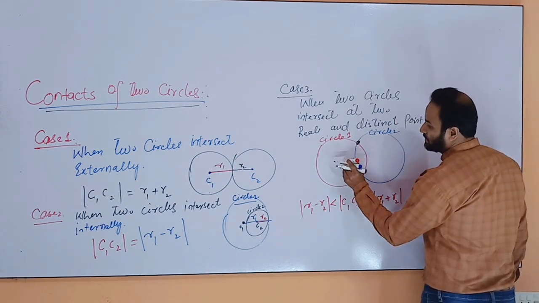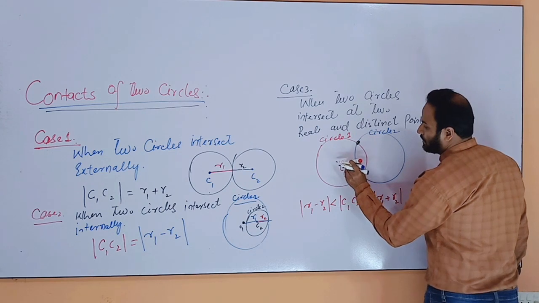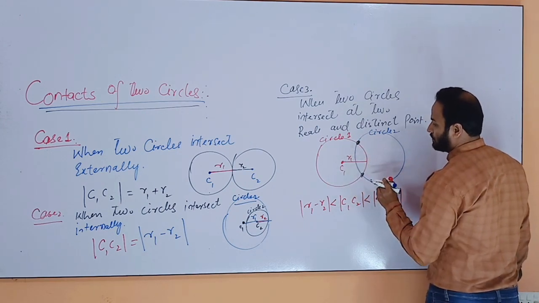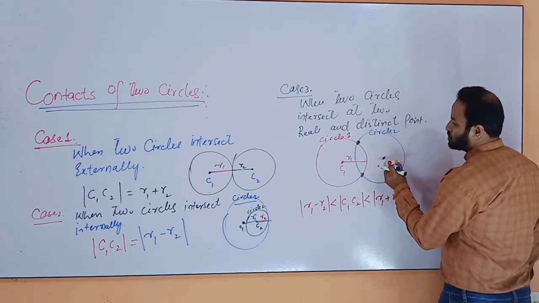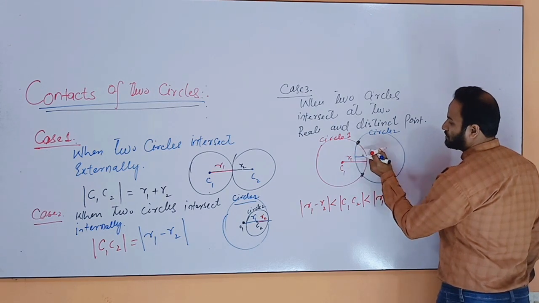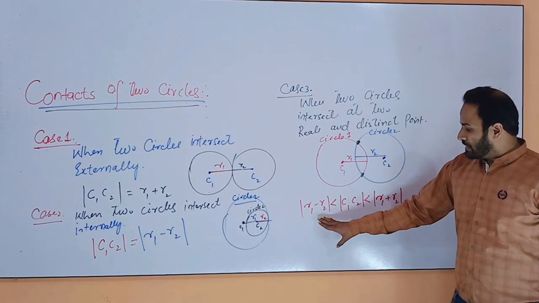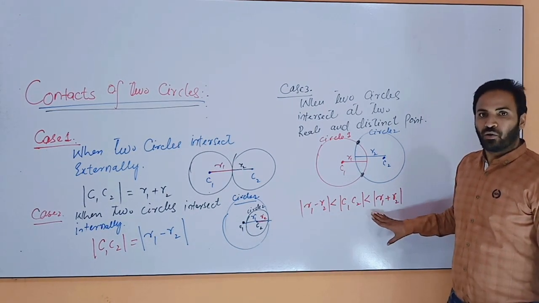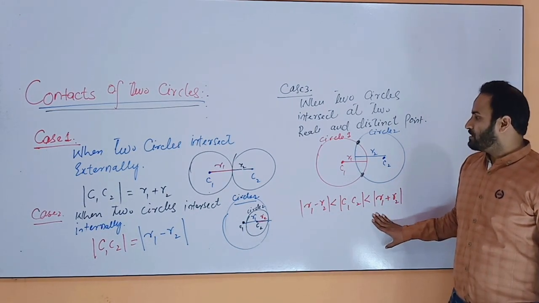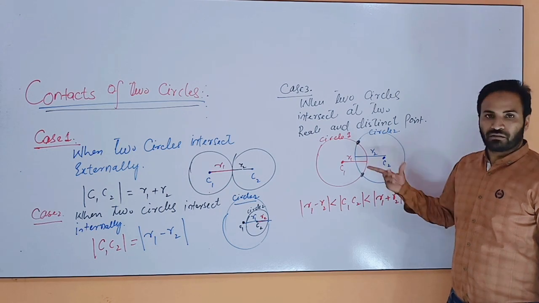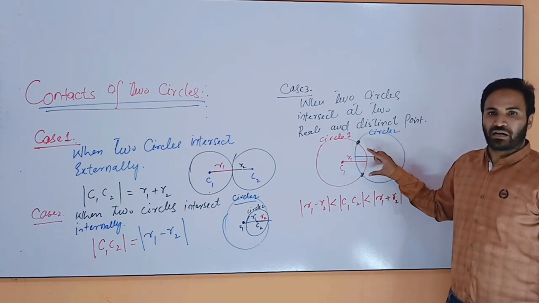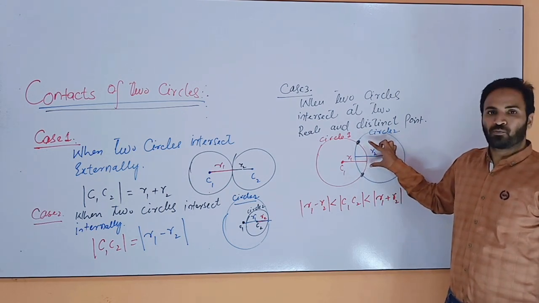Okay, if there is a center C1 and this is R1 and this is C2 and this is R2, if this inequality holds, it means the two circles will intersect at two distinct points.